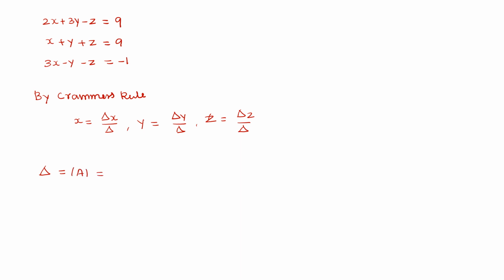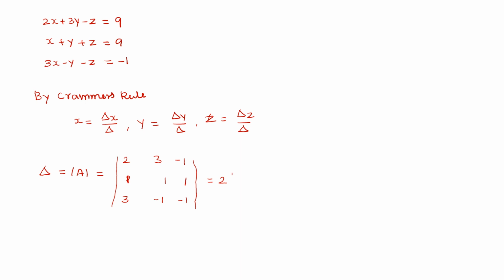You know how to arrange the A matrix. The A matrix is the coefficient matrix, so you take 2, 3, -1 as the first row, 1, 1, 1 as the second row, and the third row is 3, -1, -1. Once again we expand the matrix row-wise.